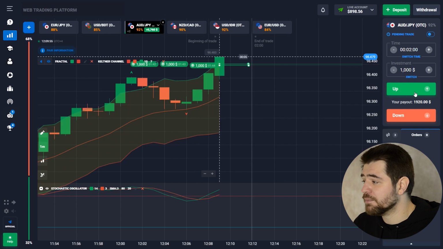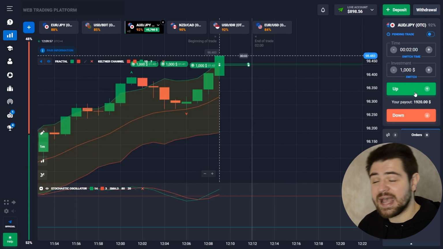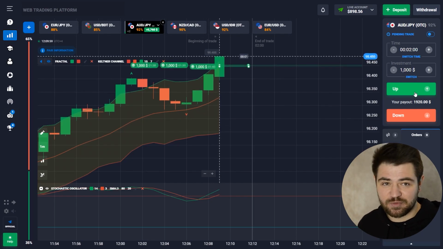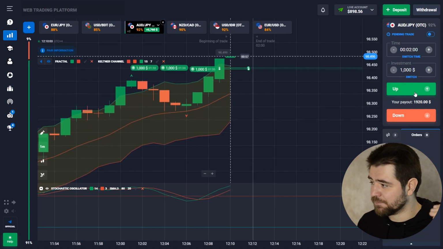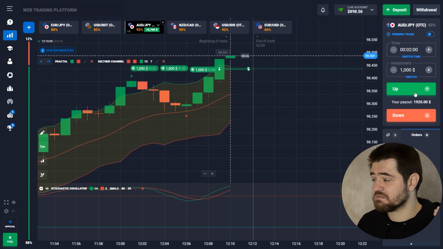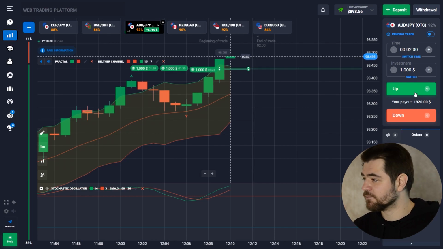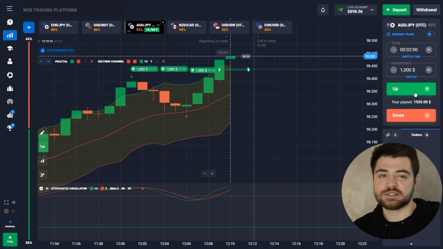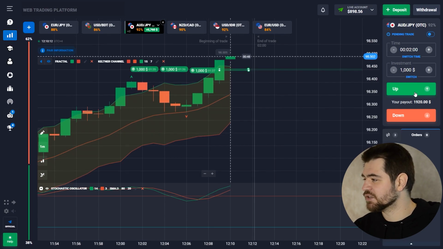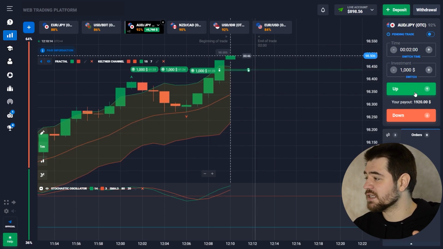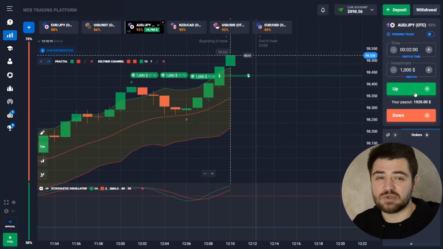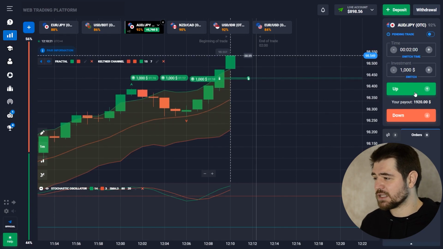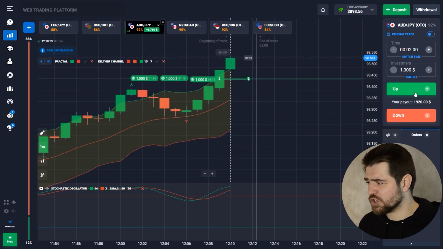Plus the middle line of the Keltner acts as a support level from which we bounced off. So we still have time to explore a bit, to go up before the seller comes. That's a good point, because I've changed the timing to 2 minutes, but it's still not too long. So we should be okay with this one.